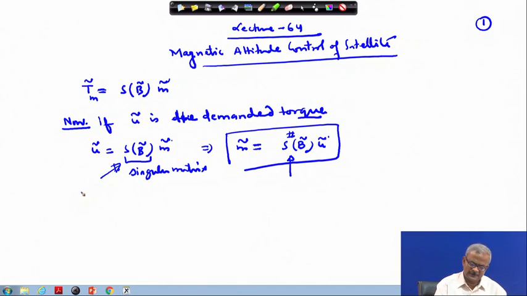The quantity S transpose b tilde, this hash basically indicates the pseudo inverse.